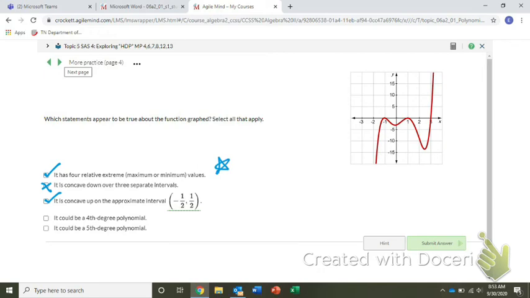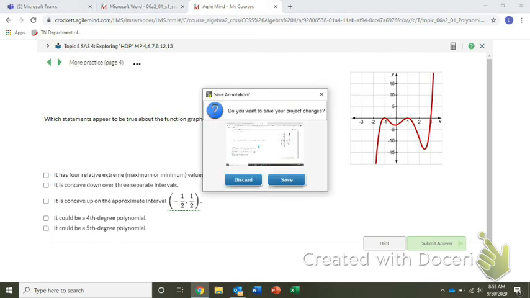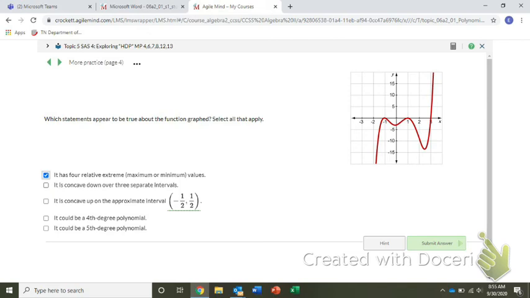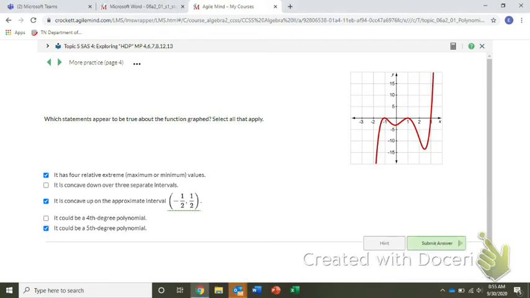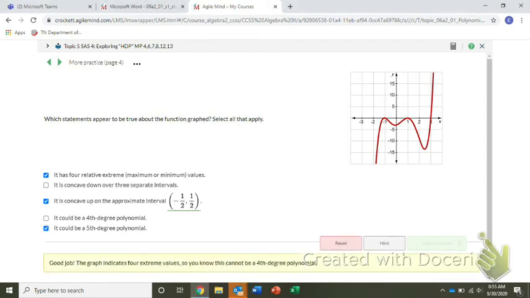So in order to find the degree of the polynomial, we want to add 1 to that. So 4 plus 1 is not 4, but it is 5. So let's select our answers. It has 4 extreme values, it is concave up, and it's a 5th degree polynomial. There we go.